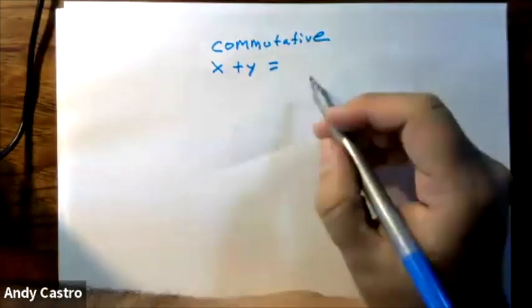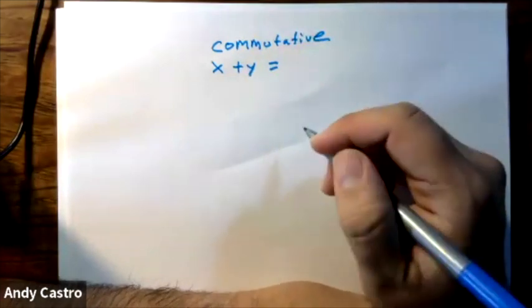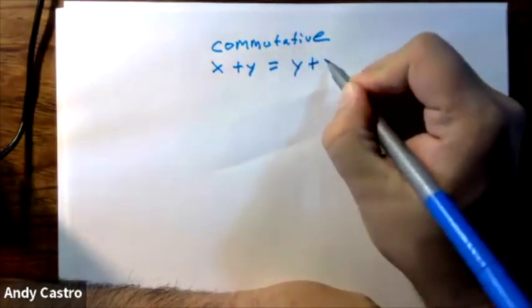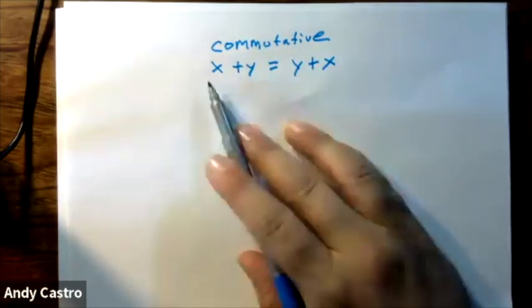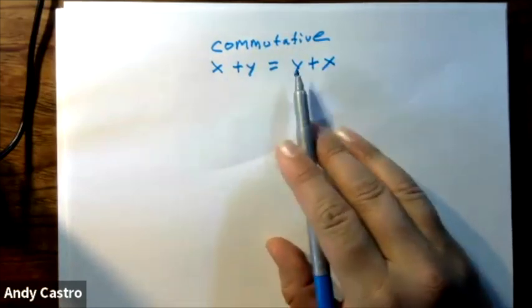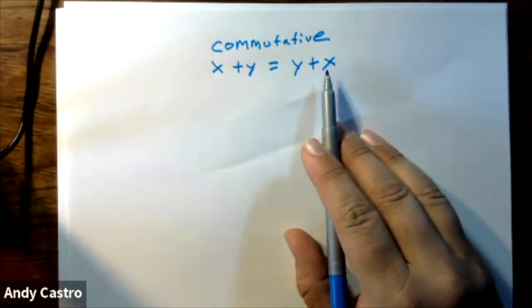Pronounced commutative or sometimes commutative. And all that states is I can add things in whatever order I want. So x plus y is the same thing as y plus x.